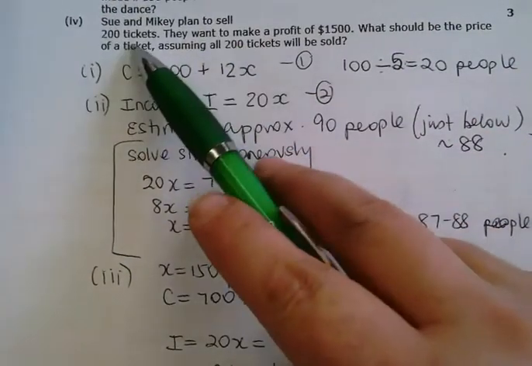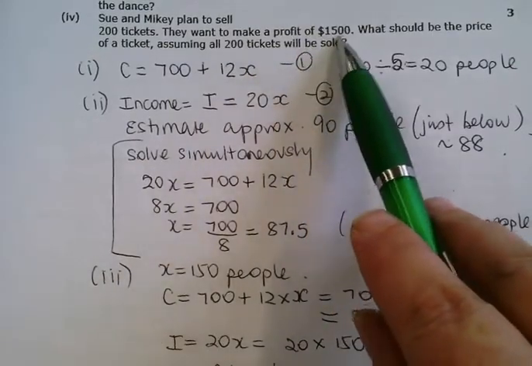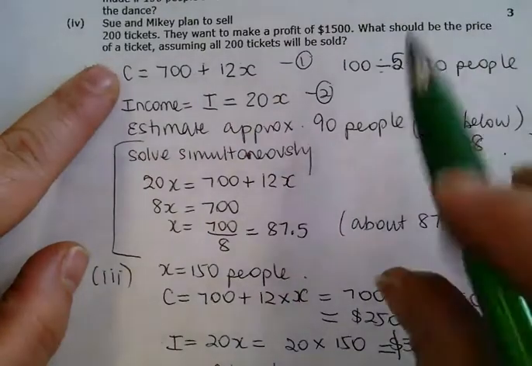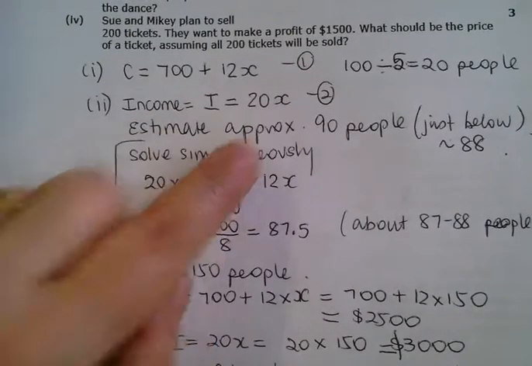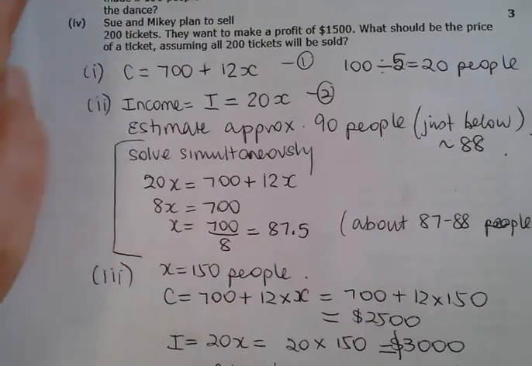Sue and Mikey plan to sell 200 tickets. So that's a given. They want to make a profit of $1,500. What should be the price of a ticket? Now, the costs will never change. So instead of income is 20x, they're going to change the cost of a ticket. All right?